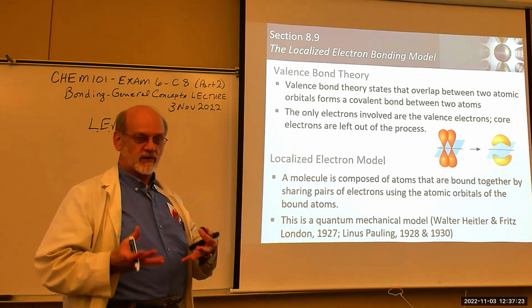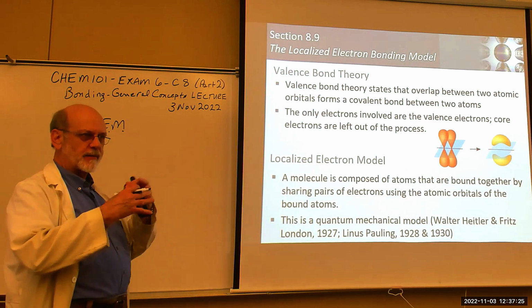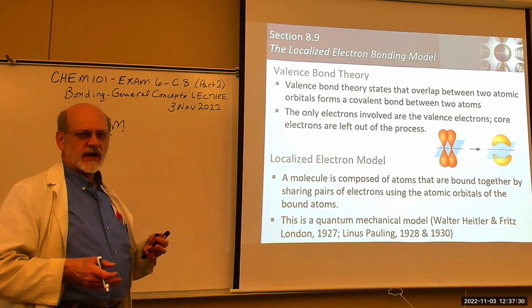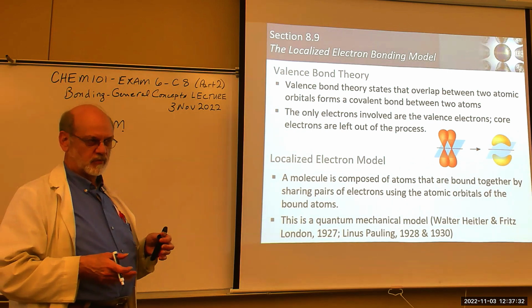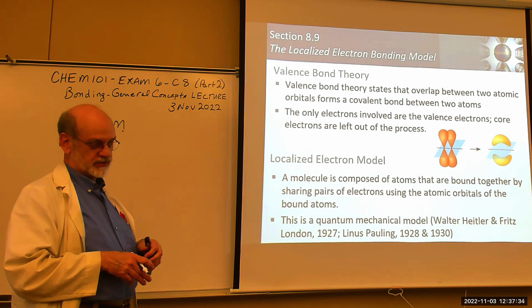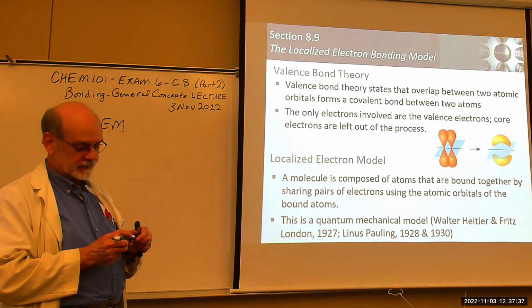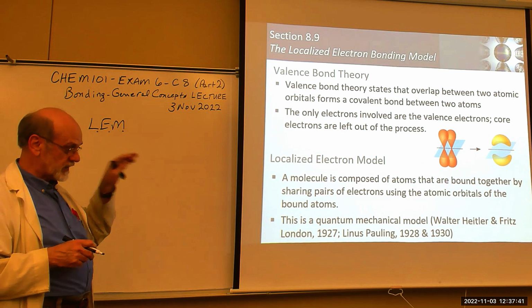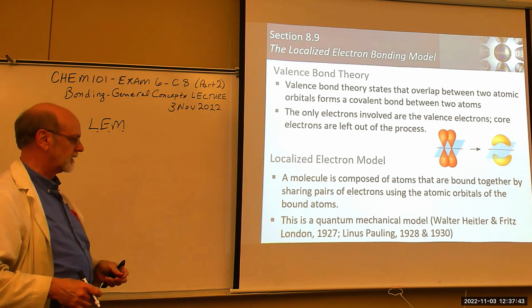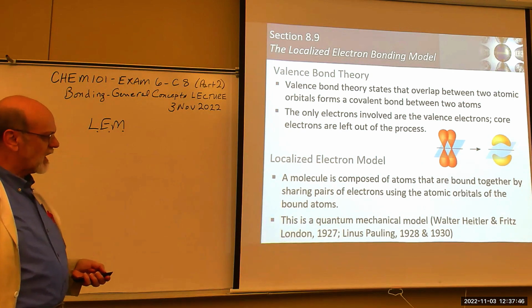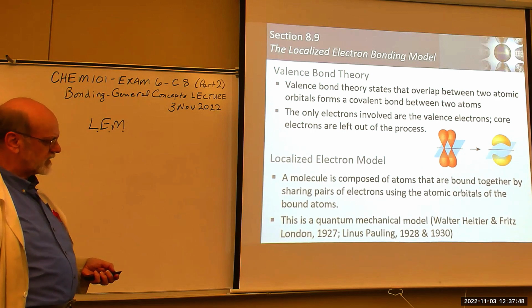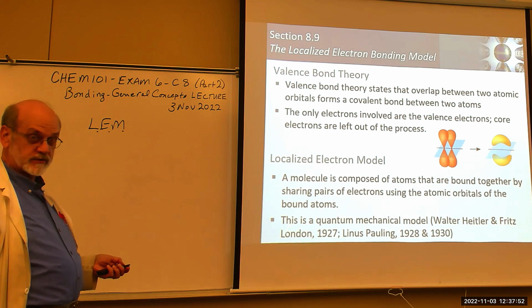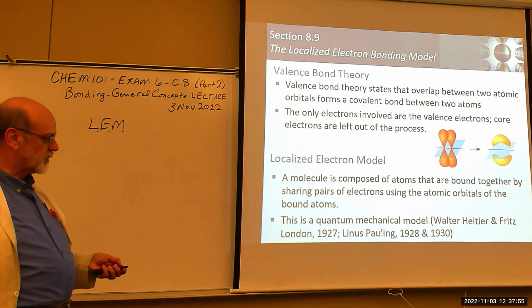We just use the ones that we have. So we overlap the atomic orbitals. That may seem like a no-brainer, but when we get into chapter 9, we're going to shift into high gear, so to speak, and create new orbitals. But now we're just using the atomic orbitals and their overlap. This model is attributed to Heitler, London, of the London Dispersion Forces, and Linus Pauling.